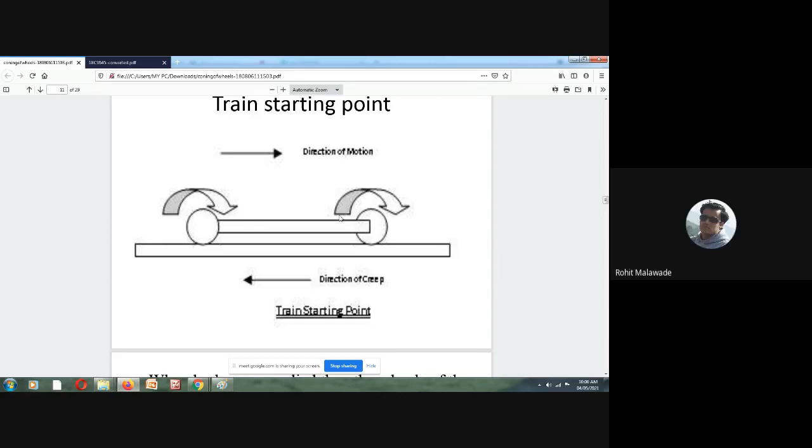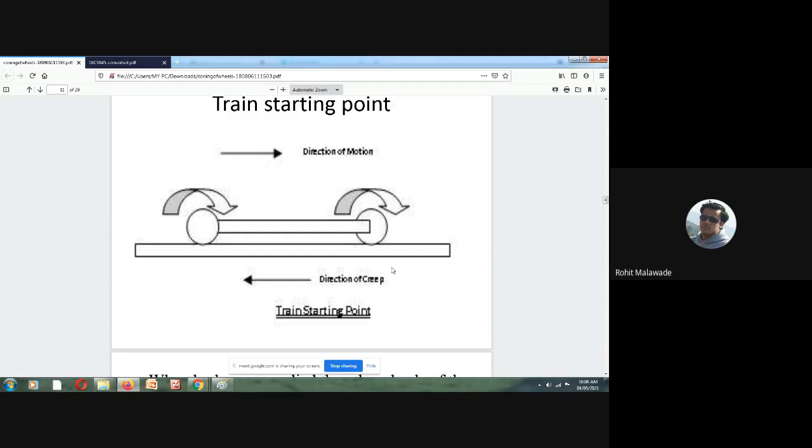When a train wheel is going to start its motion, the wheel will be moving in a forward direction. But if we take the sleepers, they will try to move in the longitudinal direction of the rail.